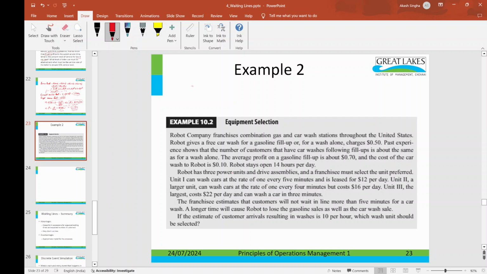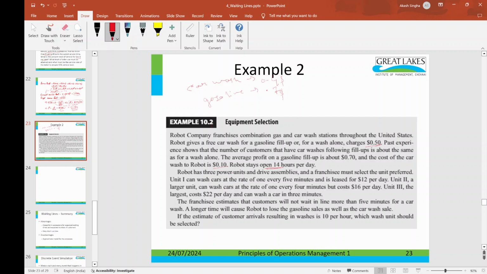So the car wash profit is the $0.50 charge minus the $0.10 cost, which is $0.40, and the gasoline profit is $0.70. So this is given.